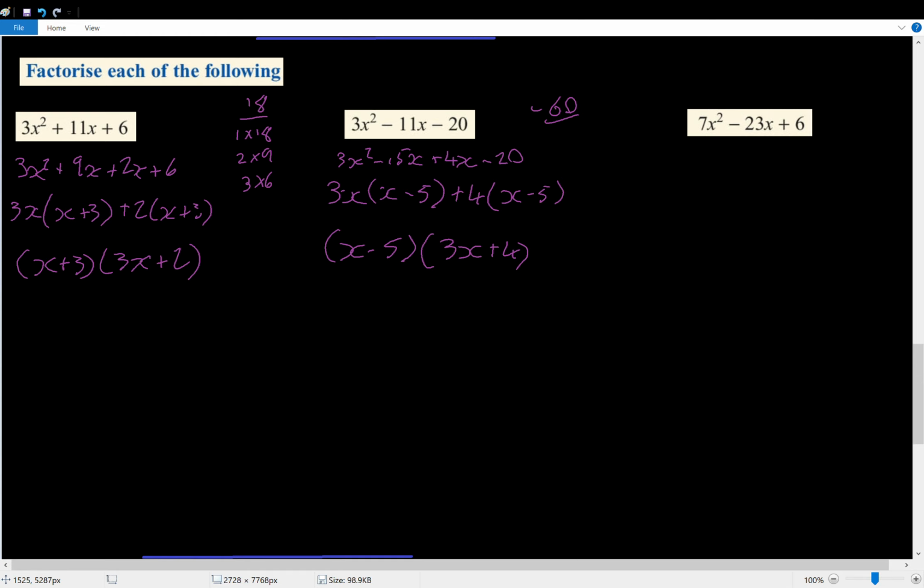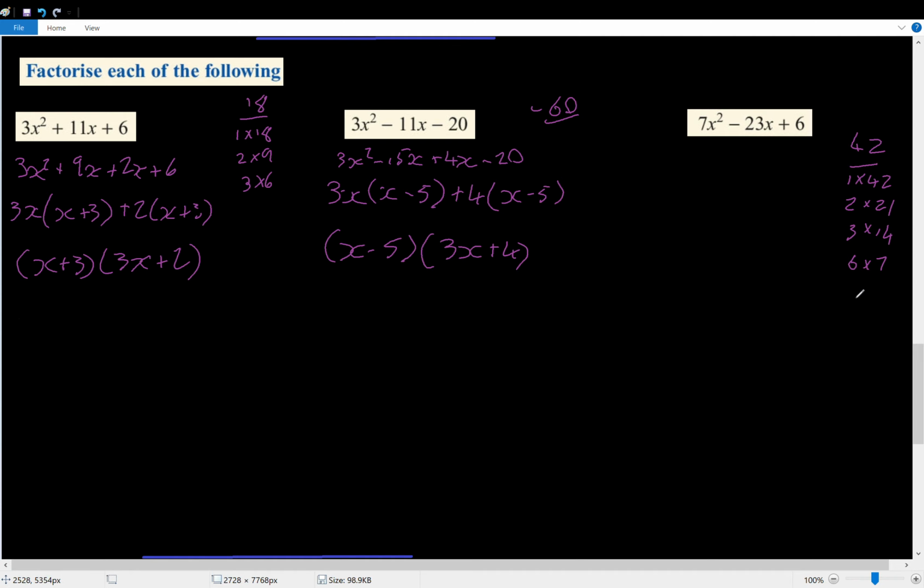And we look at our last example just to finally see how this is done again. We've got a 7 and a 6, our numbers on either end, so we're going to go 7 times 6 and we get 42. And because there's a negative in the middle, we're going to have to list our negative factors as well for this. So we're going to have 1 by 42, 2 by 21, 3 by 14, and 6 by 7.